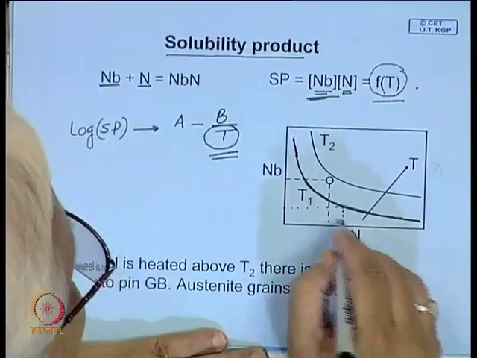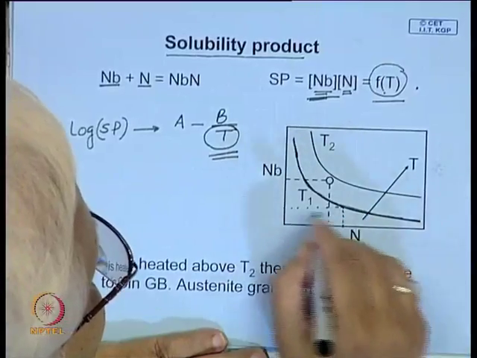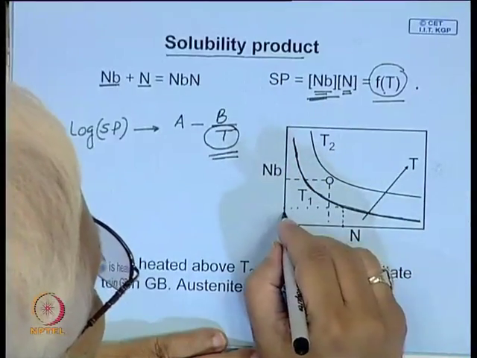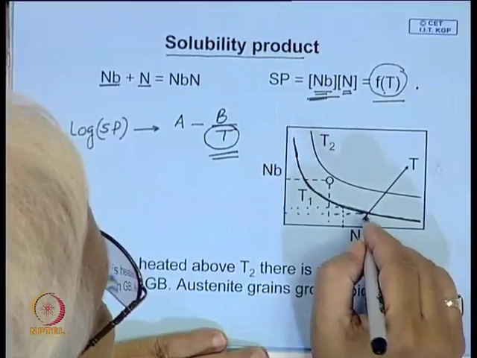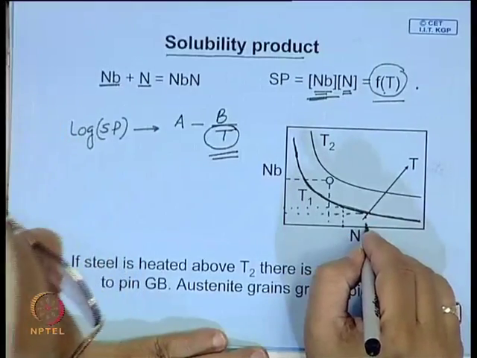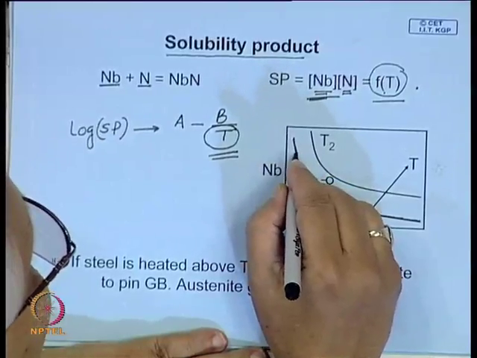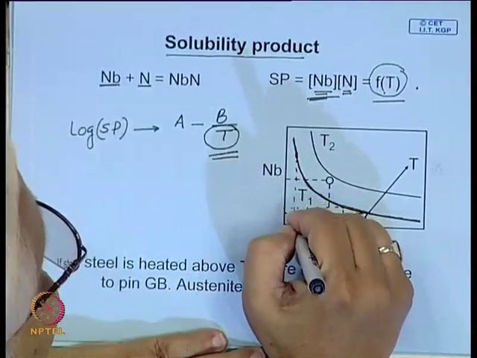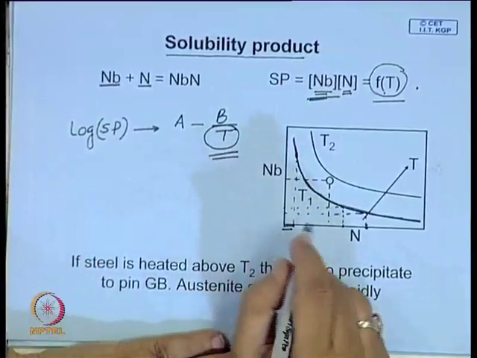If you have a small amount of niobium, then the amount of nitrogen in the steel can be high. Similarly, if you have a high amount of niobium, the amount of nitrogen in steel is very low.